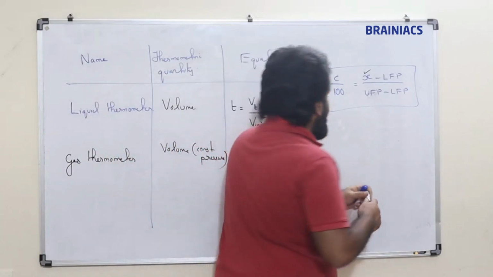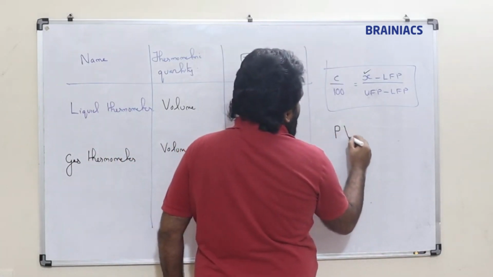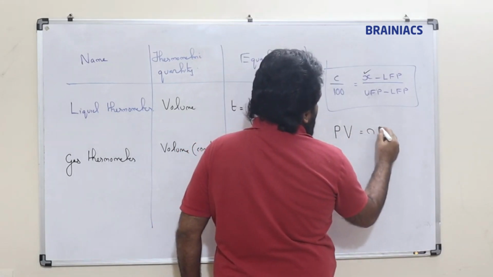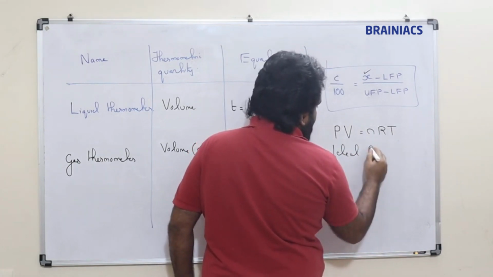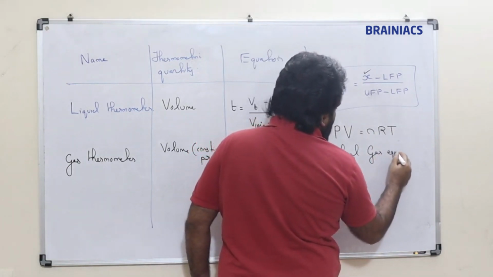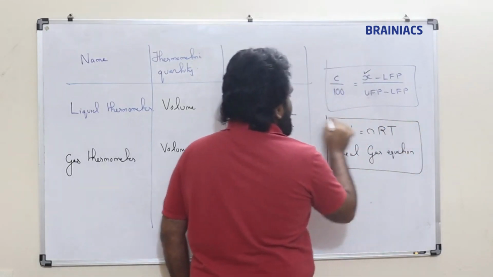Why? Because you see PV is equal to nRT. This is called the ideal gas equation.